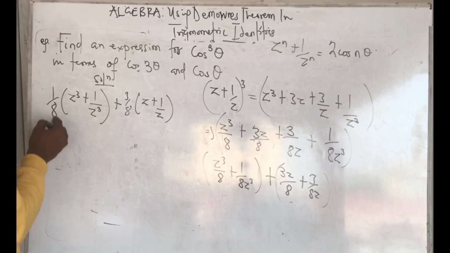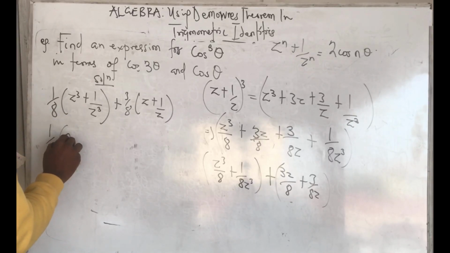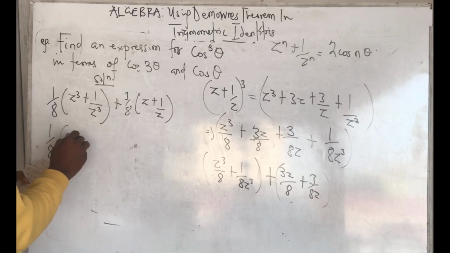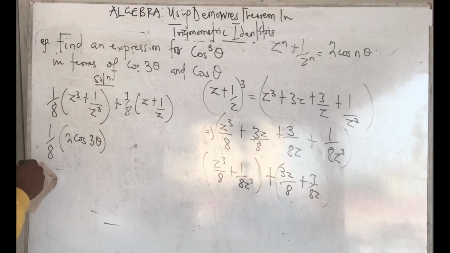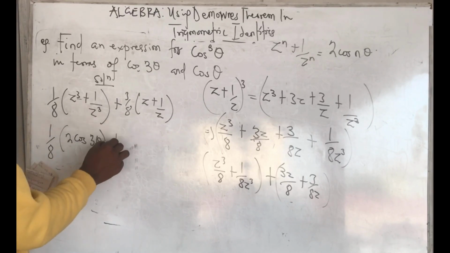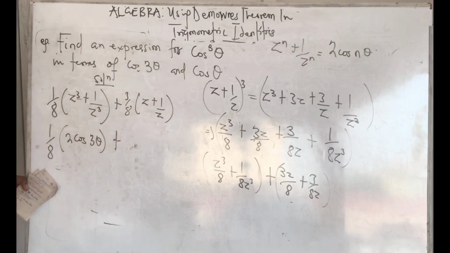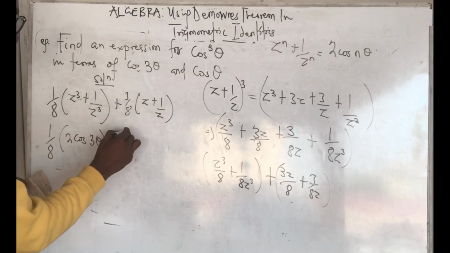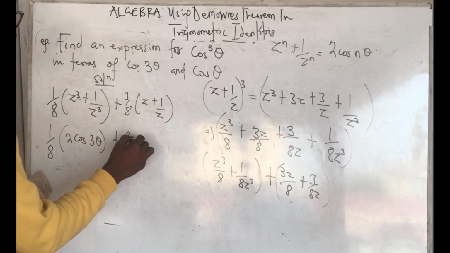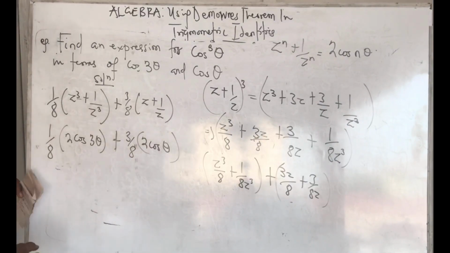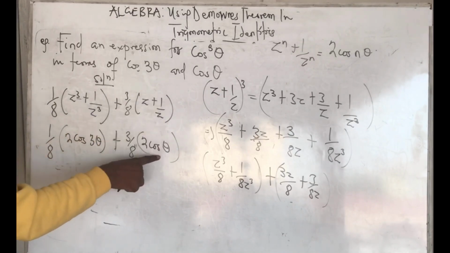So therefore, this simply becomes 2 cos of 3 theta. Take note, we are expressing in terms of cos 3 theta and not cos theta. Are you getting it? This one also becomes 3 over 8 bracket 2 cos theta. So this will give only 2 cos theta.